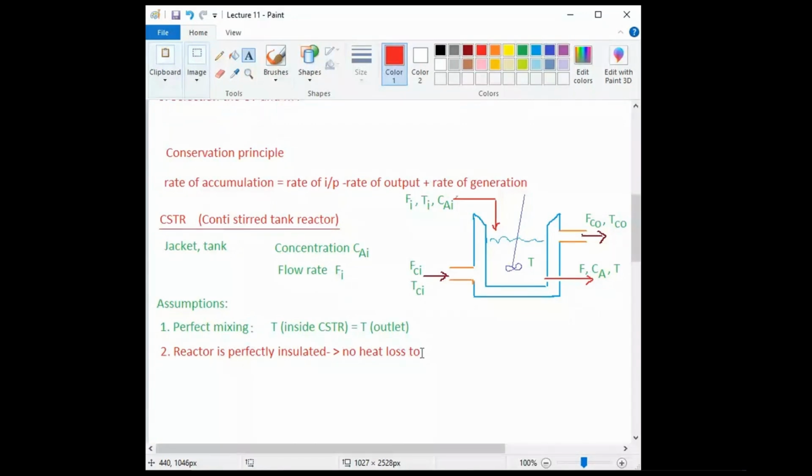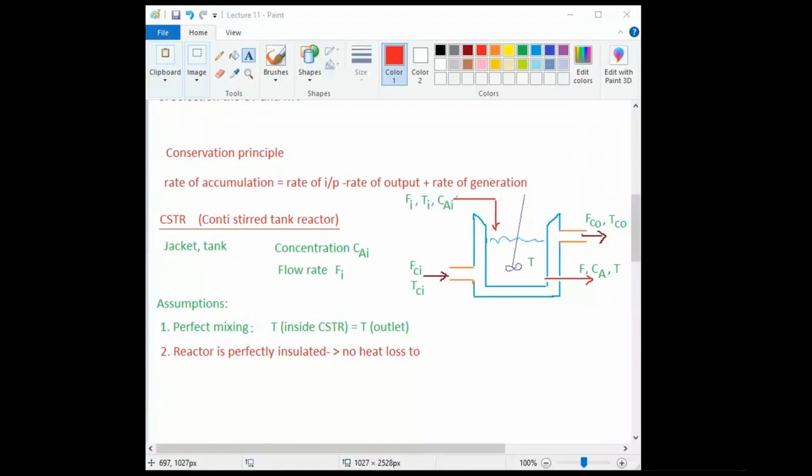Because we know that there will be heat loss, and how much that heat loss will be, what the current environment temperature is, which side of the tank the temperature is, how much. So to avoid this, to simplify the modeling, we are considering that the reactor is perfectly insulated and there is no heat loss to the environment, to the surroundings.